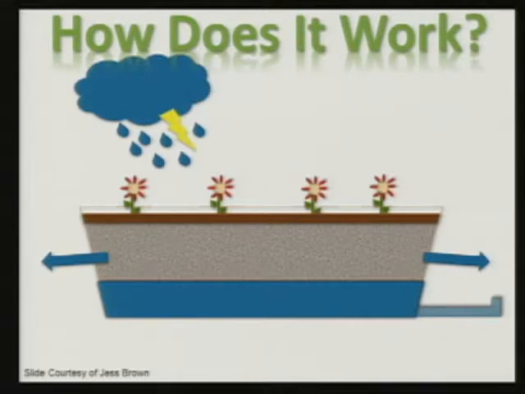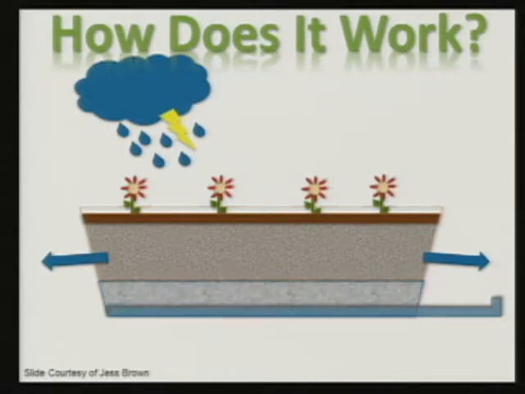So the water will sit on the bottom of the bowl, and that's where we'll get some of that really good microbial activity. And that will really break down pollutants and cycle nutrients so that the water that leaves the bioretention cell through the drain on the bottom is cleaner than the water that entered it.